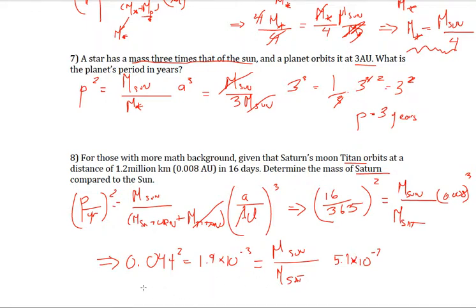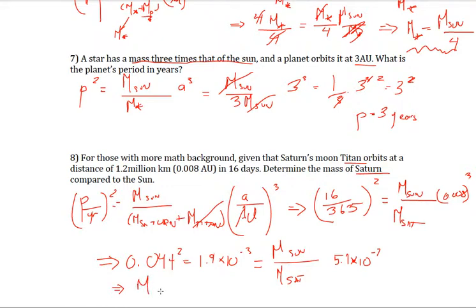So I'll do the same kind of trick that I did up here. I need to multiply both sides of the equation by m Saturn, and then divide both sides of the equation by 1.9 times 10 to the minus 3.